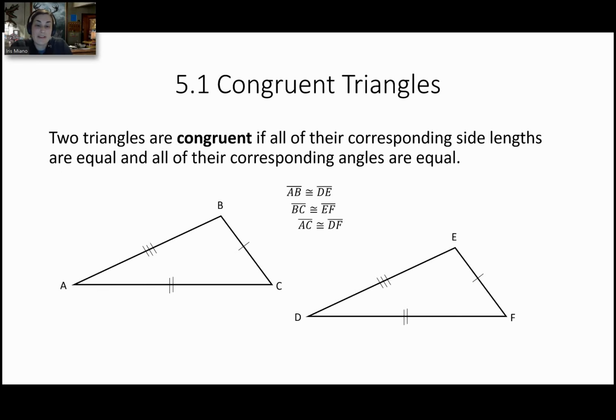And then this would be the symbolic notation associated with the congruency symbol and naming these as line segments. This is how you would represent it using mathematical shorthand notation.